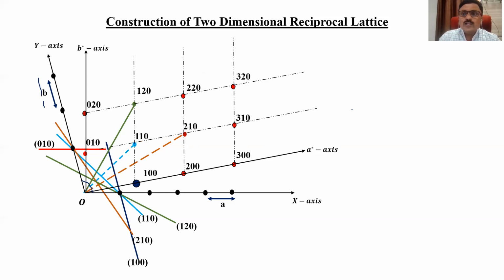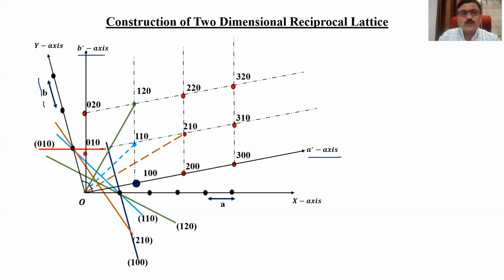So how beautifully we can construct the reciprocal lattice can be easily understood by this simple presentation. Here you will observe that this axis is nothing but the a star axis, because this is the normal, or you can call it the reciprocal lattice axis, and this is the reciprocal lattice axis b star.